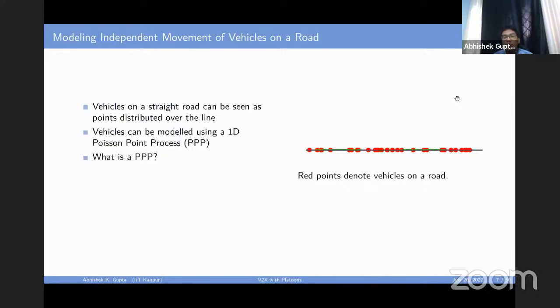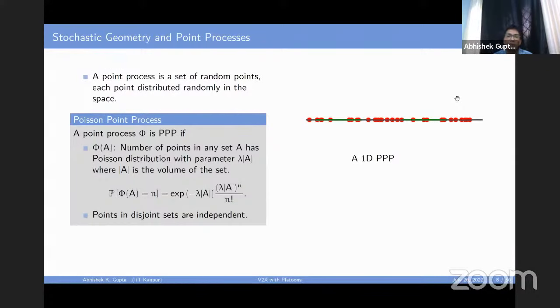Each point here you can see as a vehicle, and collectively, we can model them using a Poisson point process. So the question arises: what is a point process? I will describe a little bit about point processes, and this whole theory is a part of stochastic geometry. Let me first define it: a general point process is a set of random points. You can have a space, and you can have many points distributed on that space.